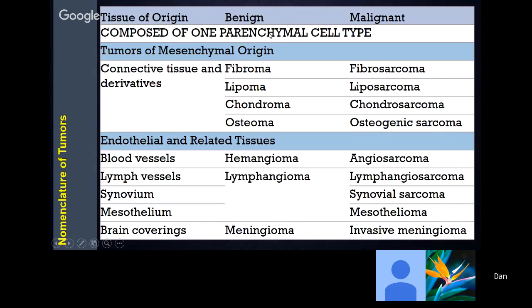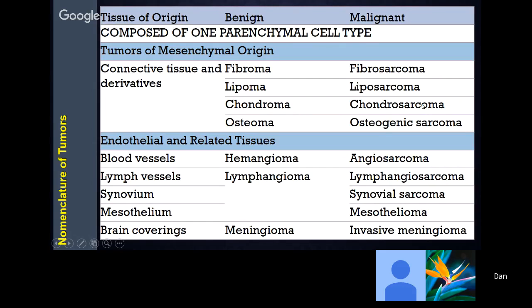Parenchyma, which are part of the mesenchymal origin, means baby origin. Anytime you hear mesenchymal, it means connective. For example, fibroma, that is benign; fibrosarcoma; lipoma, liposarcoma; chondroma, chondrosarcoma.